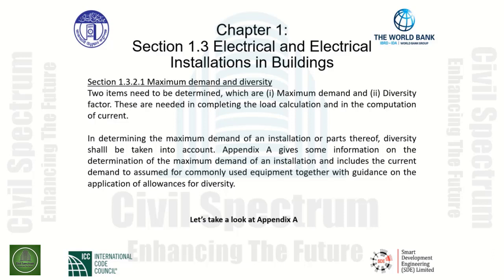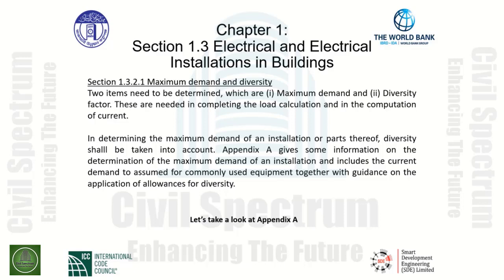In determining the maximum demand of an installation or parts thereof, diversity shall be taken into account. Appendix A gives some information on the determination of the maximum demand of an installation and includes the current demand to be assumed for commonly used equipment together with guidance on the application of allowances for diversity.